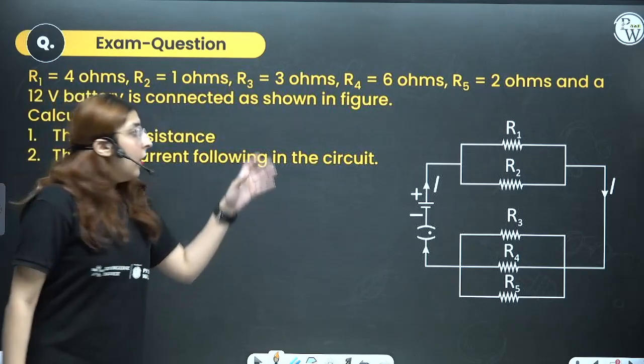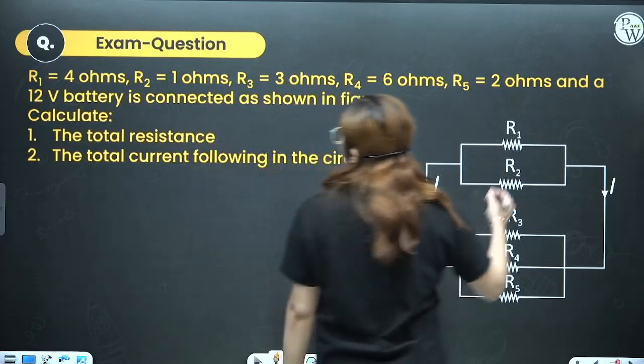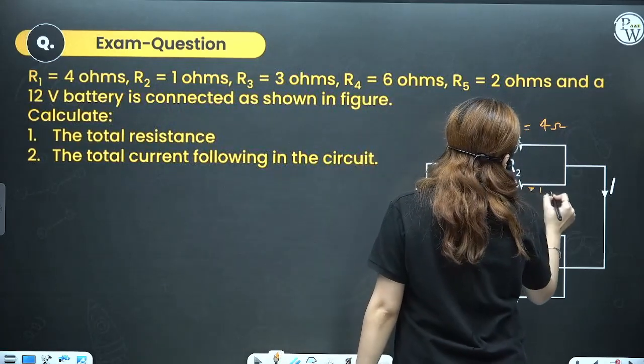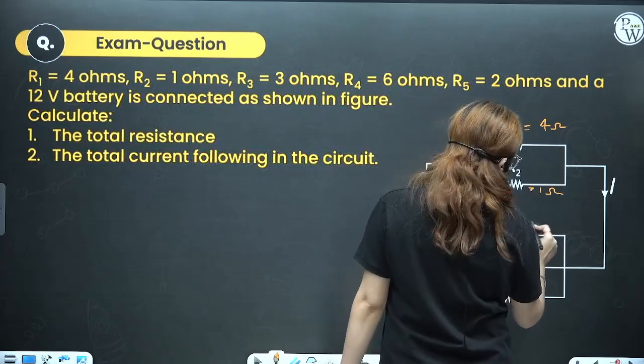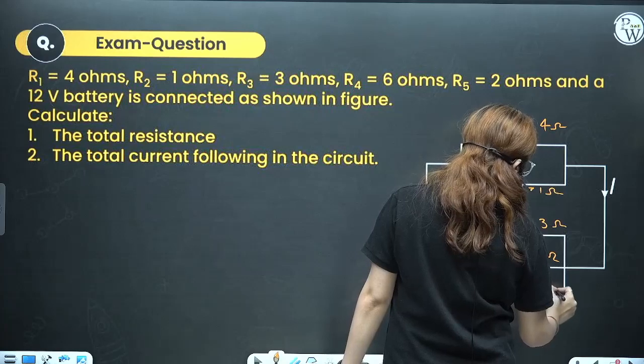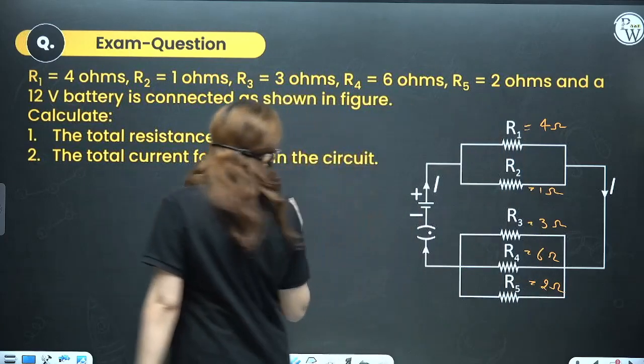So all of you here have a look. R1 is given to us, that is 4 ohm. R2 1 ohm. R3 3, R4 6 ohm, R5 2 ohm. Now break this thing. First of all, talk about R1 and R2.